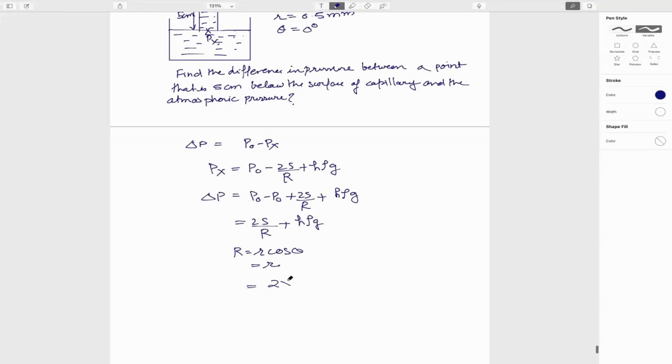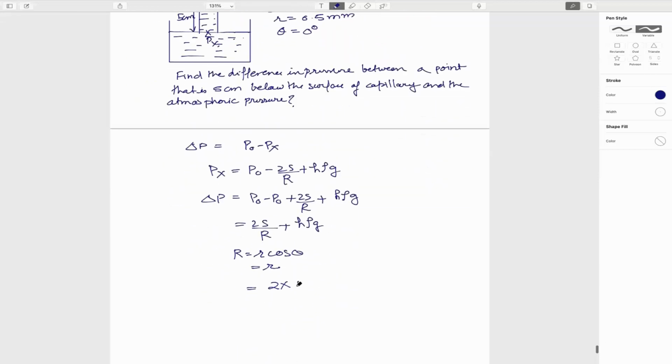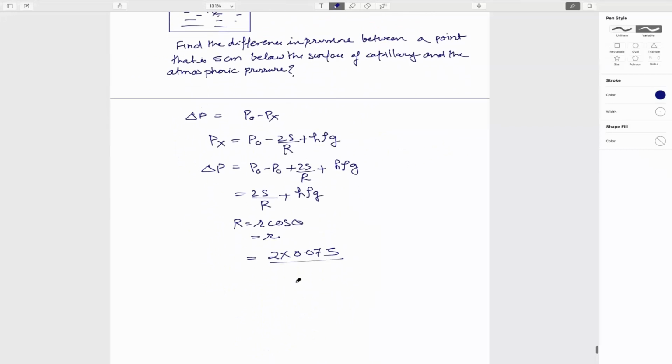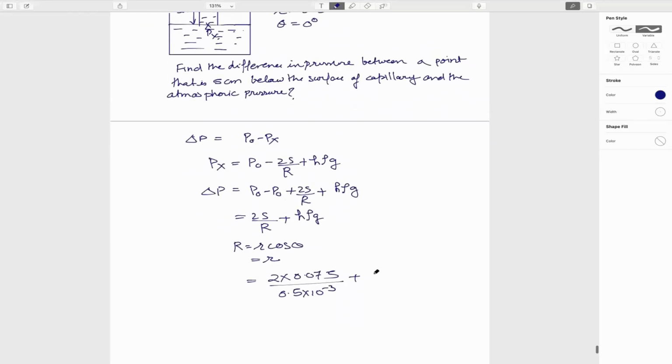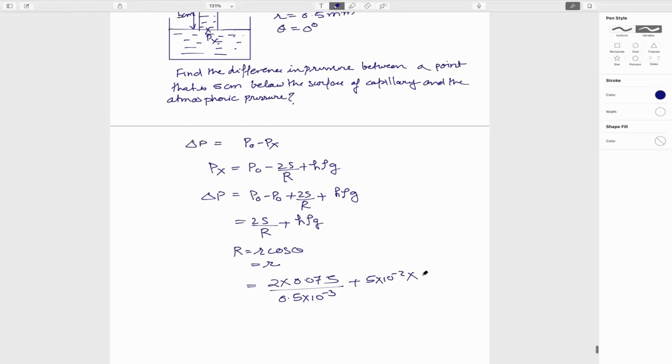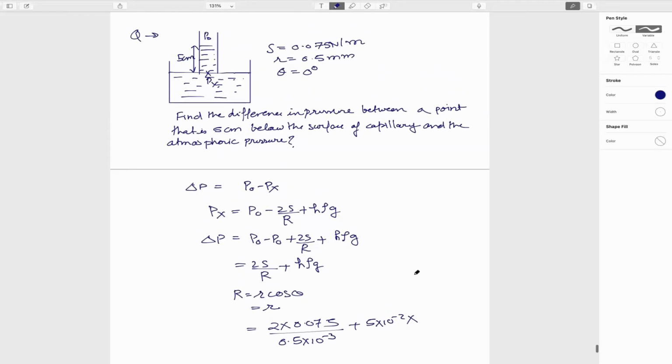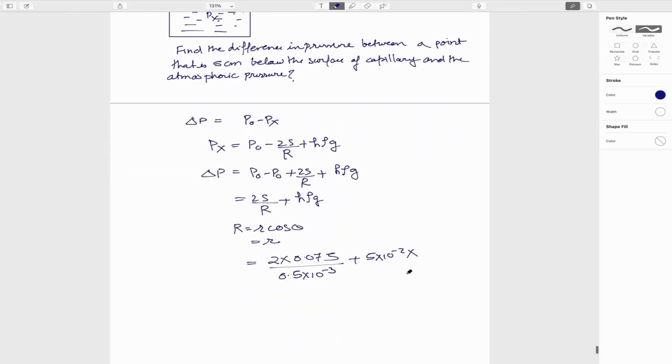That is 2 into surface tension given, that is 0.075, divided by r, that is 0.5 into 10 to the power minus 3, plus height is 5 centimeter, 5 into 10 to the power minus 2, into density of fluid, that is 10 to the power 3, into 10.